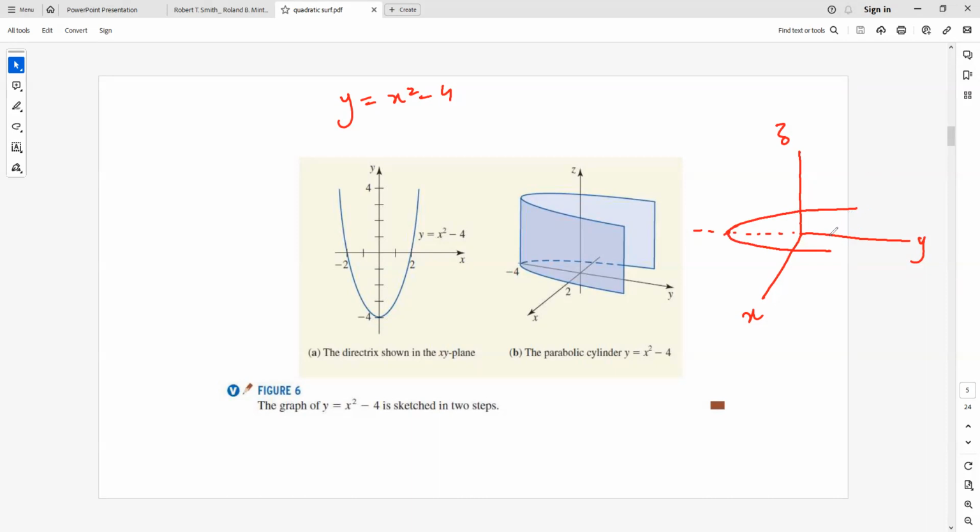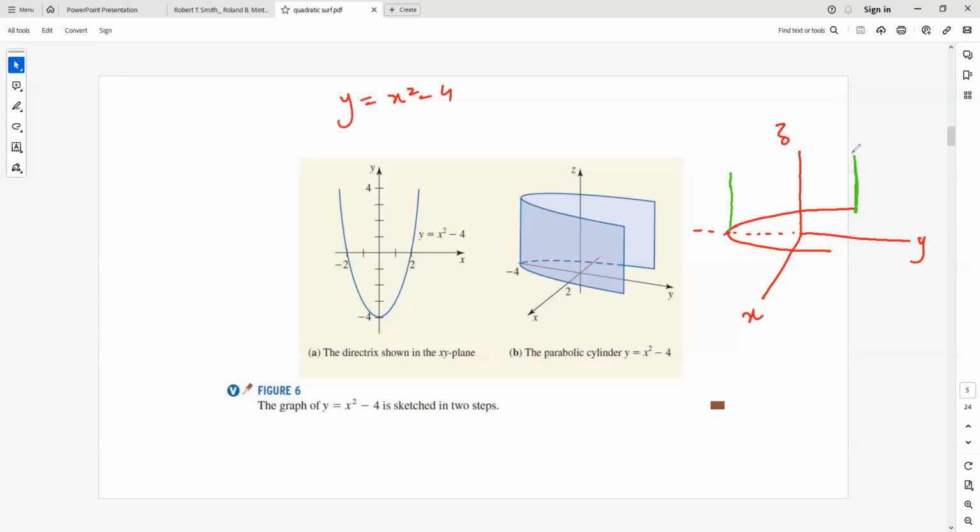And now since we have to extend this in the z direction, because the z dimension is a free dimension, it will be extended in the z dimension. So it will look like this. We can extend this in this manner, and from here we have this.